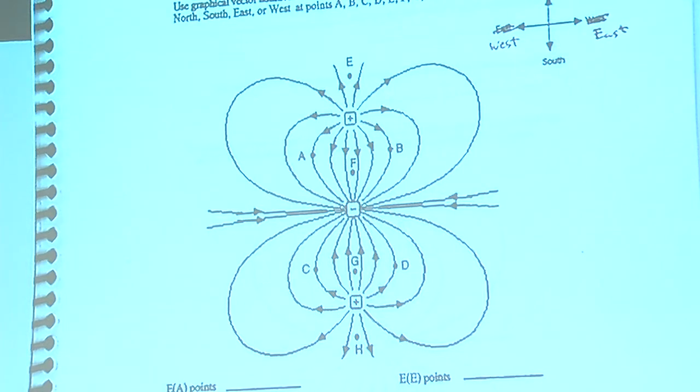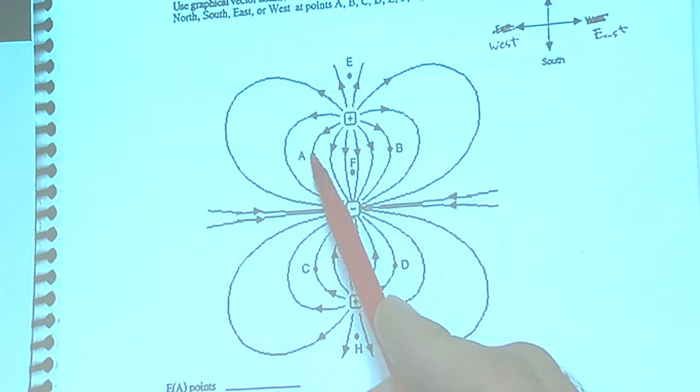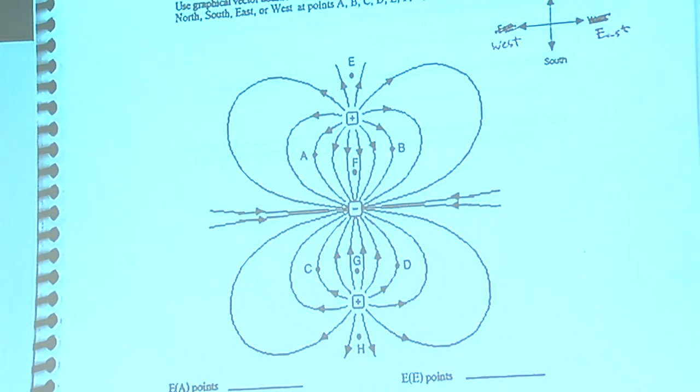Point A, it's right here. South, southeast, southwest. They've drawn the field line for us. Does that help? Why would it be south?